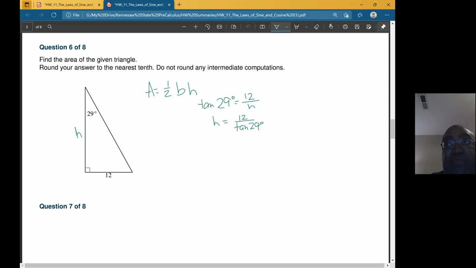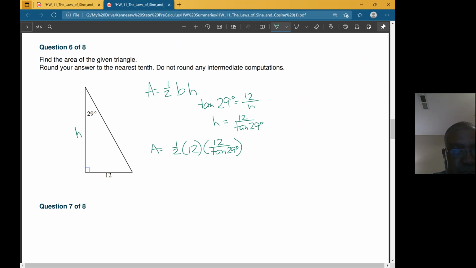So we can go ahead and put that in. So area is equal to 1/2 times 12 times 12 over tangent 29 degrees, which you can put in your calculator exactly like this. I try to do that so that if you're versed in your calculator, it shows you exactly what you can put in.